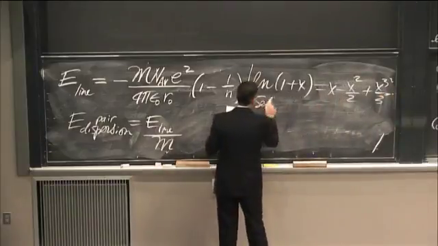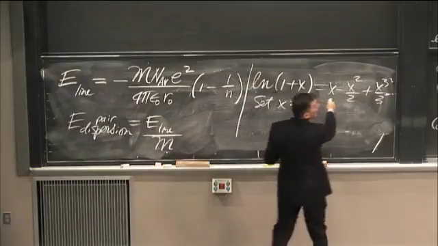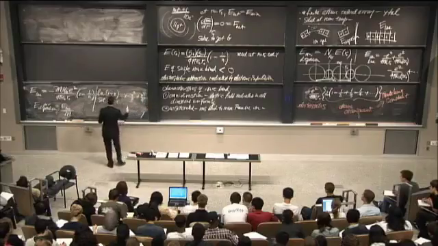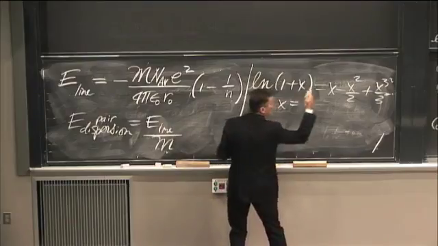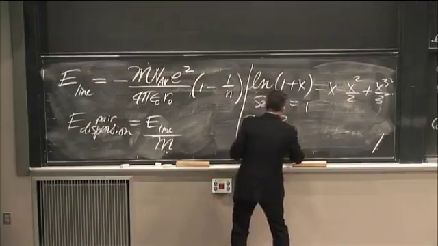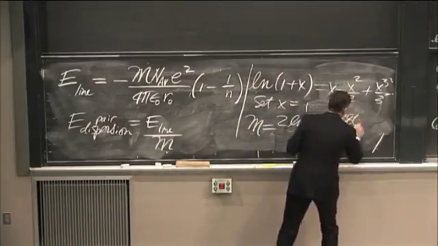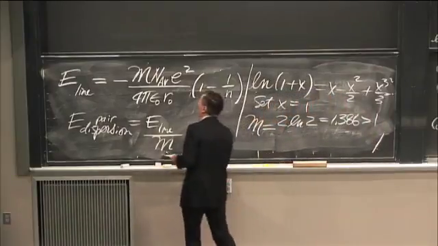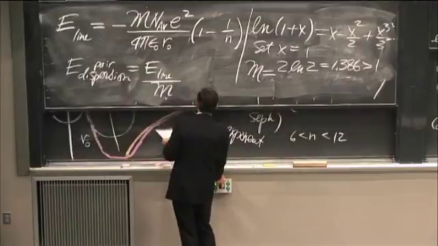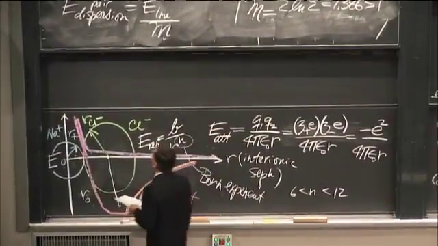Set x equal to 1, which is what we've got, right? Because we've got 1 minus a half, plus a third. Go through it, and you'll get the value that M, according to this, will give you 2 times the natural logarithm of 2, which is 1.386, which is greater than 1. And so we're golden. That means that the energy of the line is lower, more negative, than the energy of the dispersion.